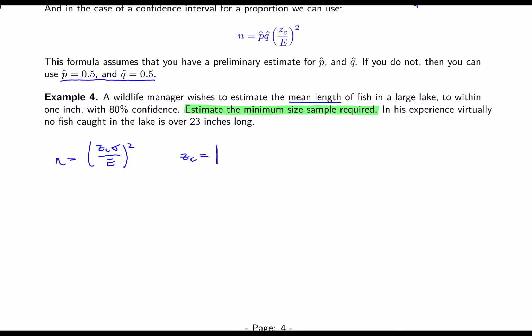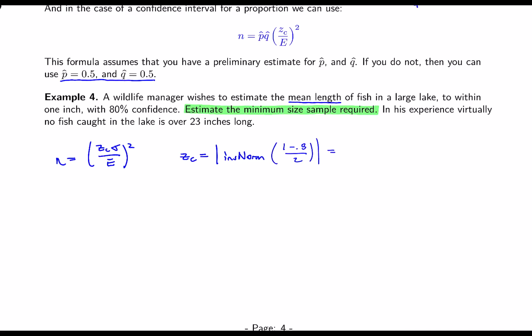This is the same critical value that we would use for developing the level of confidence, or taking the level of confidence and getting the critical value. So inverse norm, 1 minus our level of confidence, which is 80% in this case, so 1 minus 0.8 divided by 2.